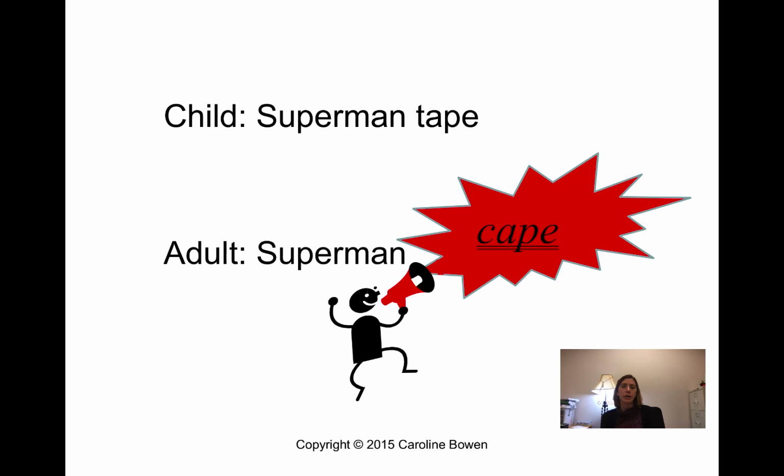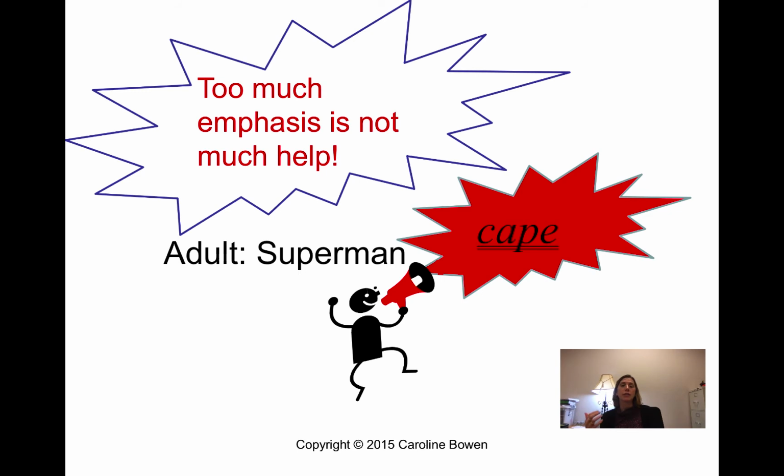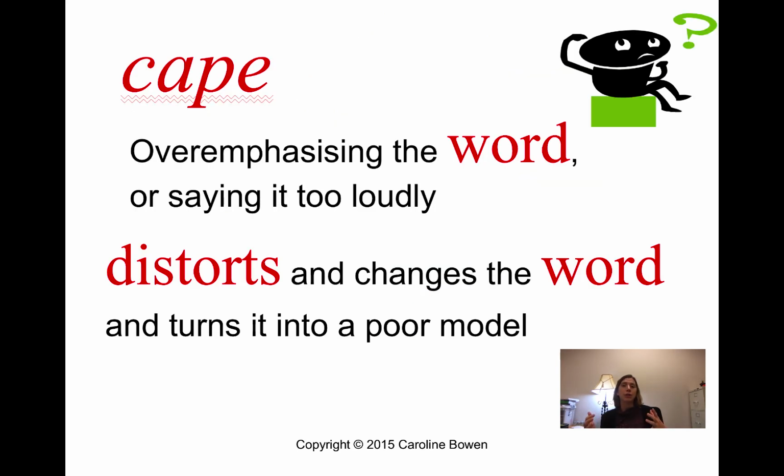The idea here is if the kid says Superman tape and I say Superman cape, shouting like that, too much emphasis isn't going to help the kiddo. If we overemphasize the word, or say it too loudly, it's going to distort and change how that word sounds.